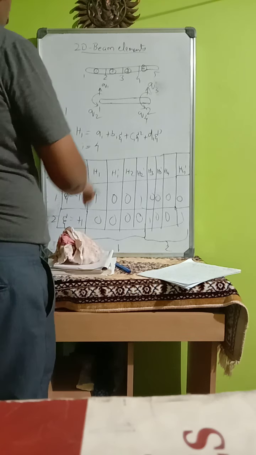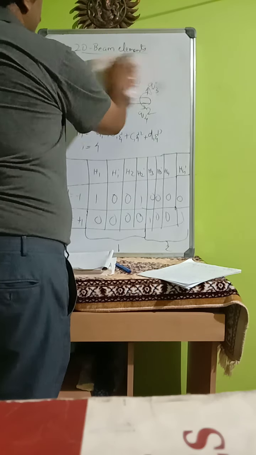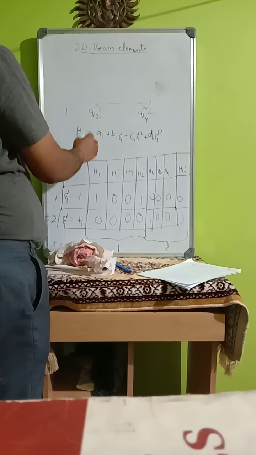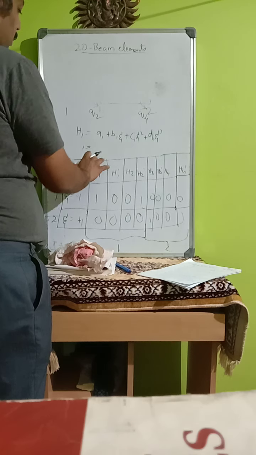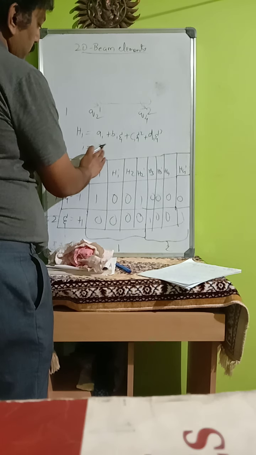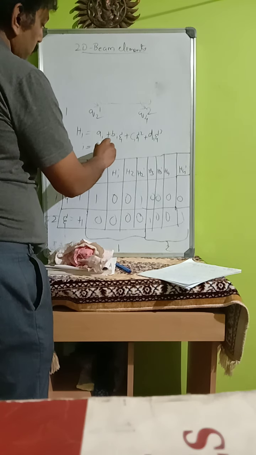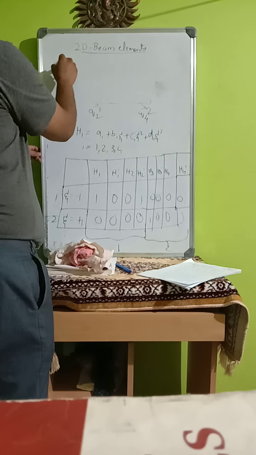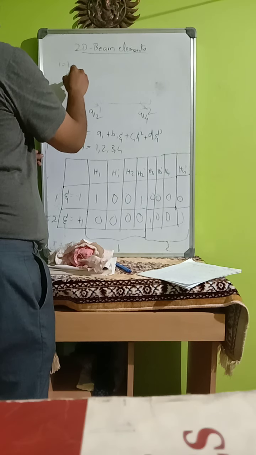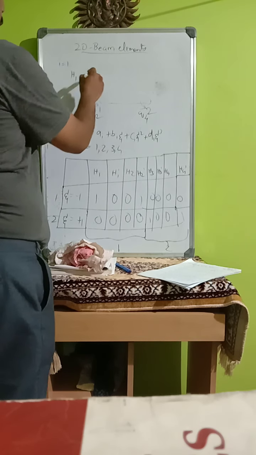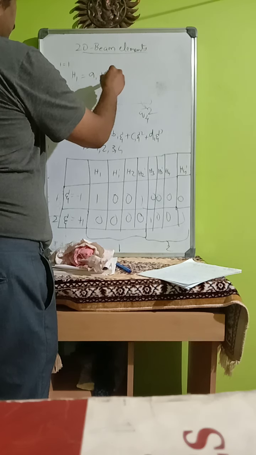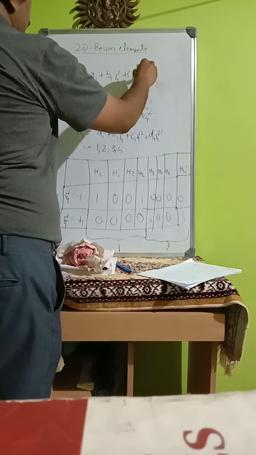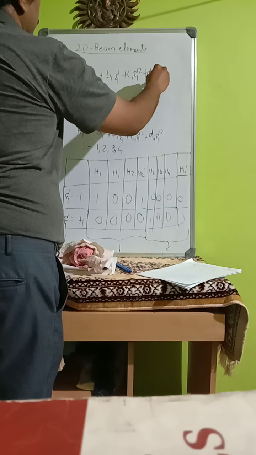if you consider node number 1, since we have I equal to 0, 1, 2, 3, 4, suppose I is equal to 1. For I equal to 1, our h1 will be equal to a1 plus b1 zeta plus c1 zeta square plus d1 zeta cube.